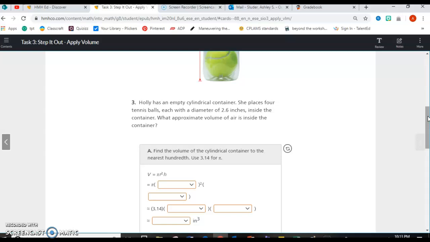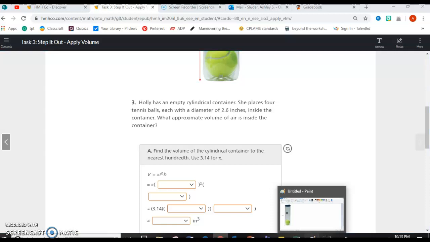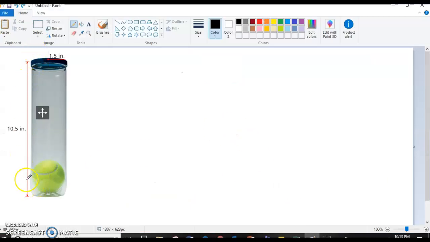There's a lot of problem solving to do here. So you're going to have to take it step by step. Write it down. If I have a container with the height of 10.5 inches, and it's telling me that the radius of the container is 1.5 inches, then technically I can solve for the volume of this container.